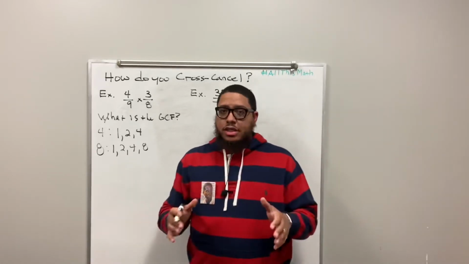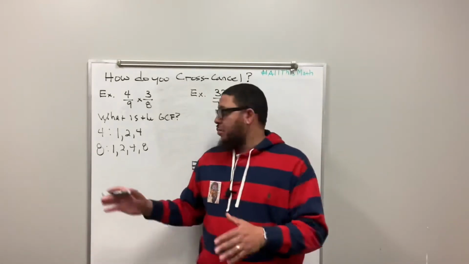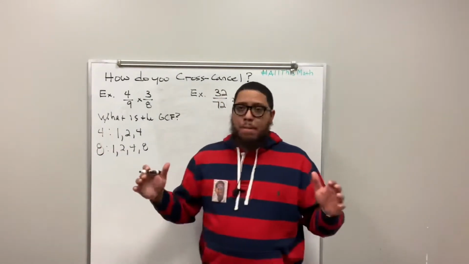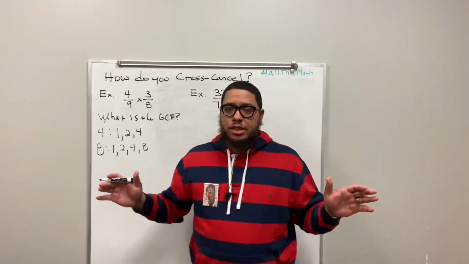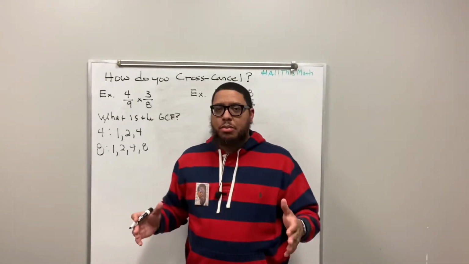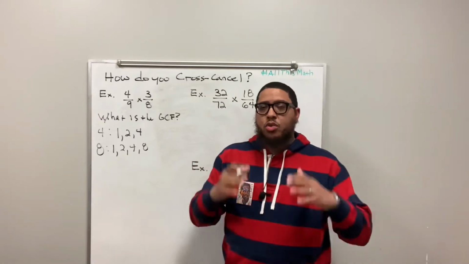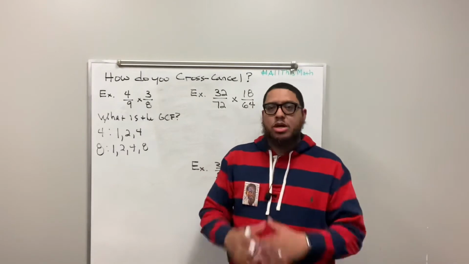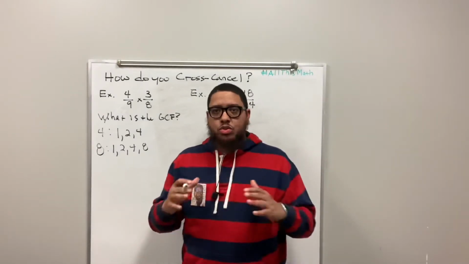Because realistically, there's an infinite number of numbers that multiply into 8, and into 4, billions and trillions, and more than that, when you start to get into all the decimals. But decimals are not whole numbers. So when we talk about factors, we're talking about whole numbers. No decimals, no fractions.